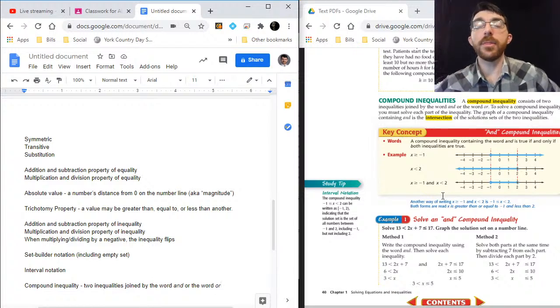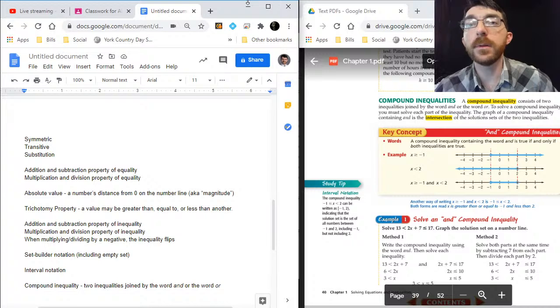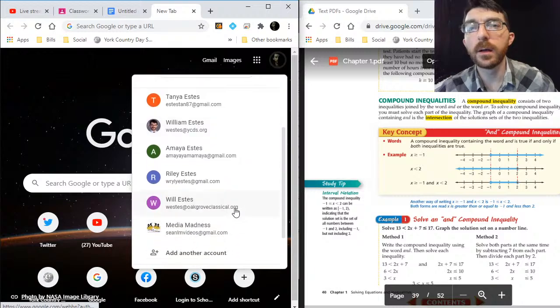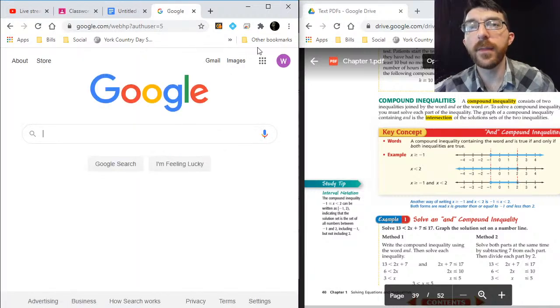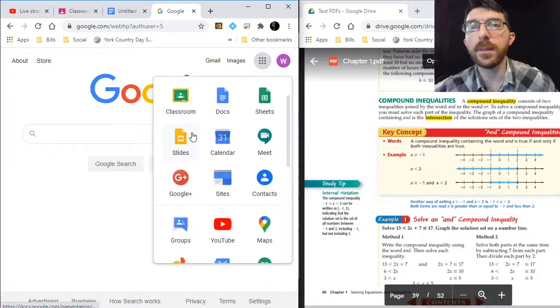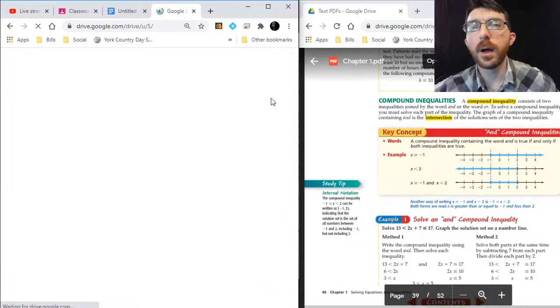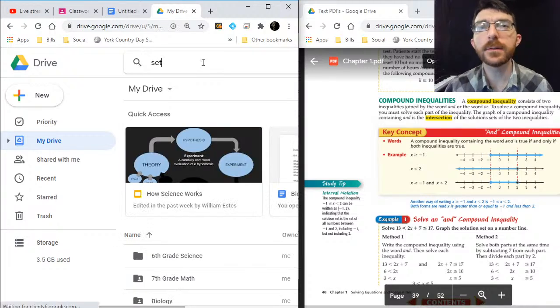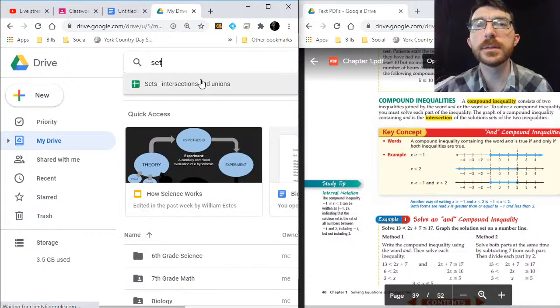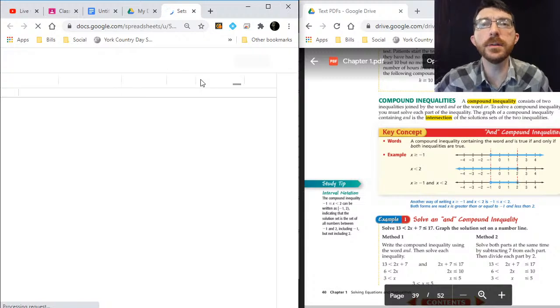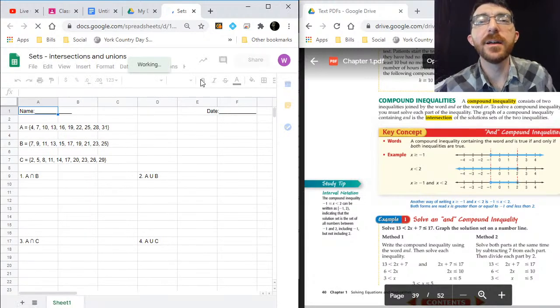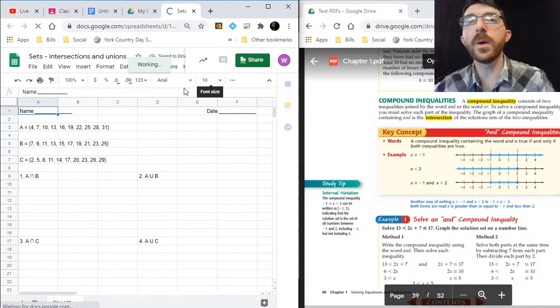So it looks like set theory is going to be a part of this. So I happen to have a lesson on sets. Let me see if I can find that. I did it at this school. I might still have it here. Set. Yes. Sets, intersections, and unions. No, this is the exercises. All right, well, I still want that.